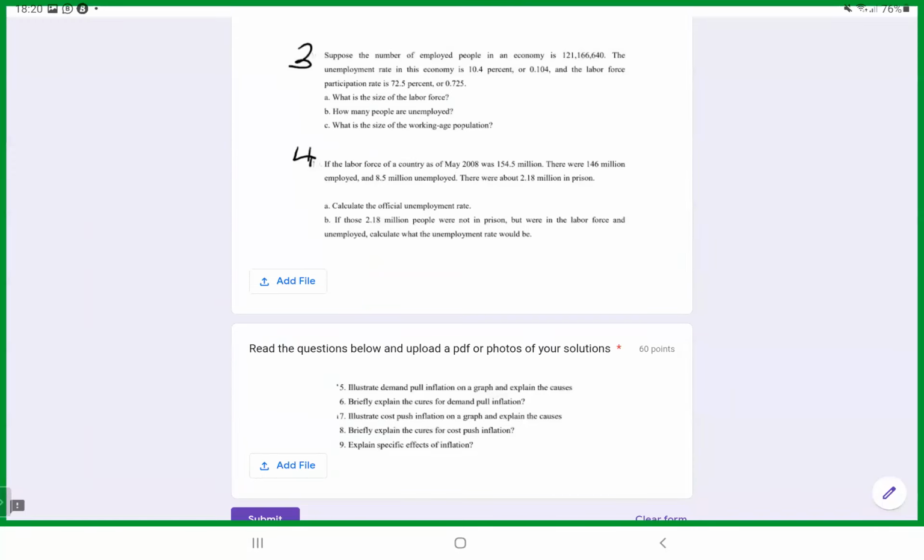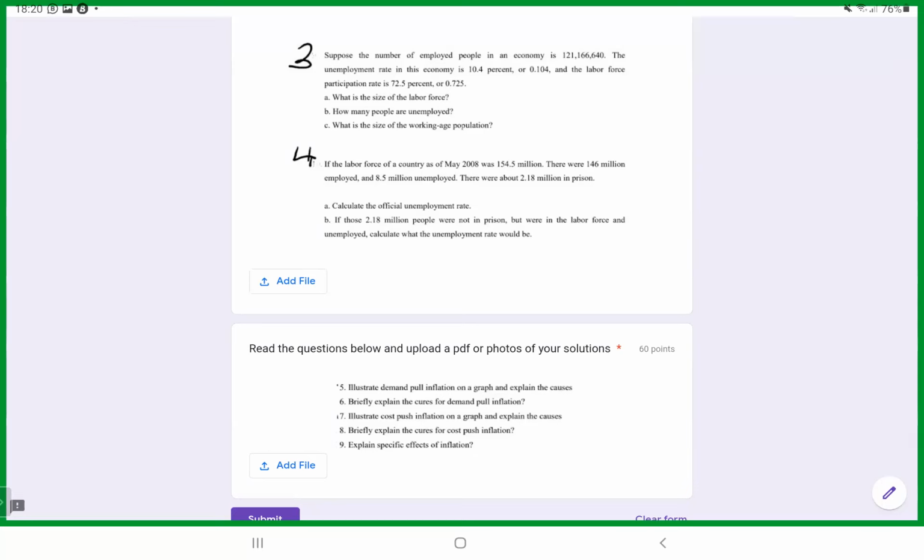If the labor force of a country as of May 2008 was 154.5 million, there are 146 million employed and 8.5 million unemployed. There were about 2.18 million in prison. So the 2.18 million are not added.